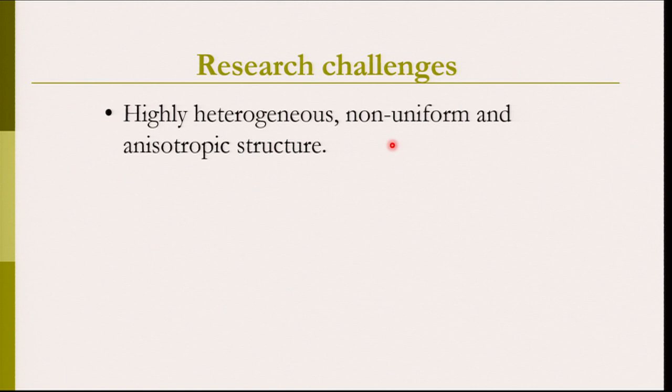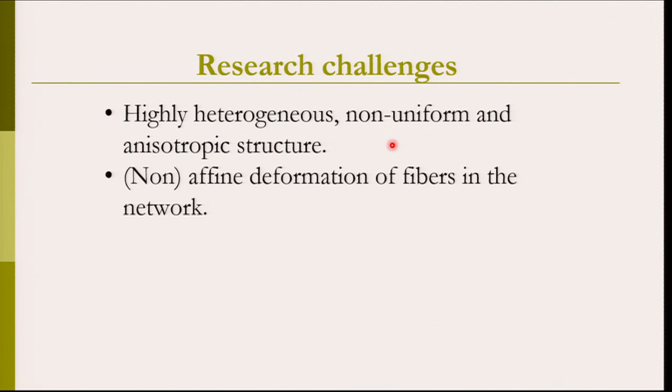Then we have assumed that there is an affine deformation of fibers that takes place in the fiber network. What do we mean by affine deformation? An affine deformation allows the macroscopic deformation applied on a body to translate uniformly to the microscopic level.